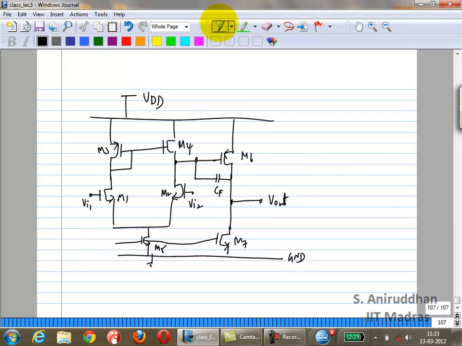What is the slew rate of this op amp? So let us say, let me call this VO. What is the slew rate of this op amp?